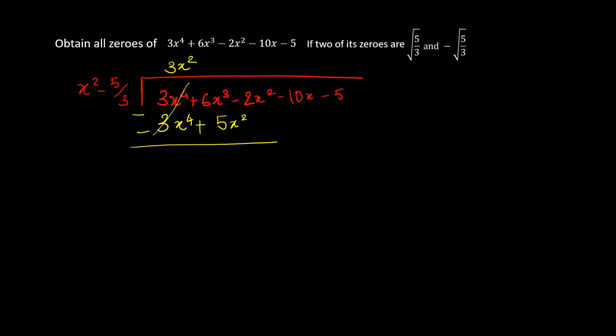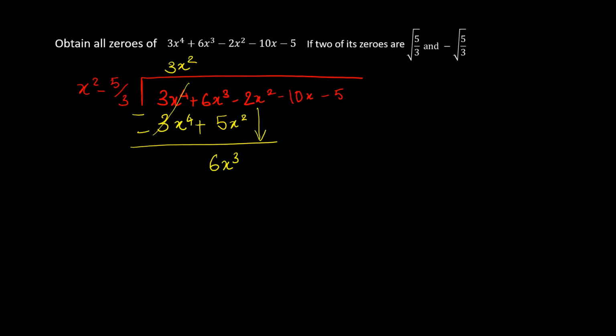So now I'll get this down, I'll get 6x cube. Now 6x cube was already there, but as I didn't have an x cube factor, I had to get it down, and the next term which will come down is the one having x square, which here also has x square.